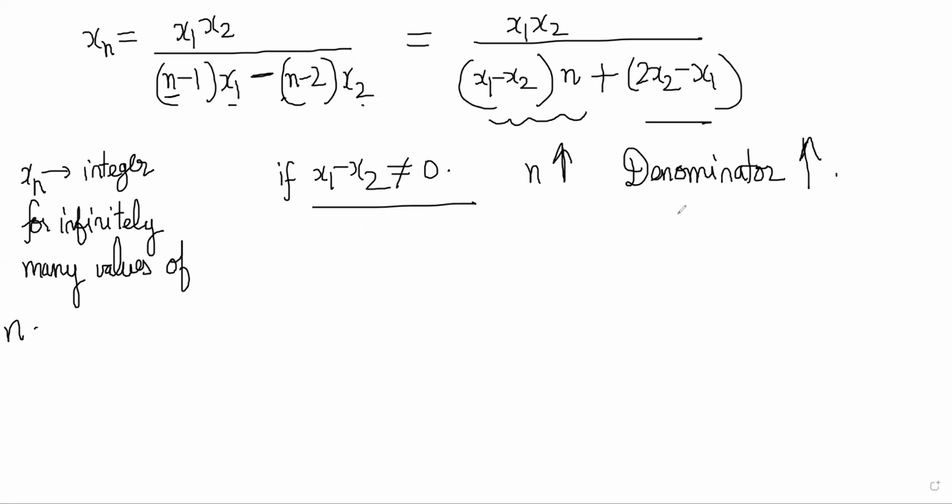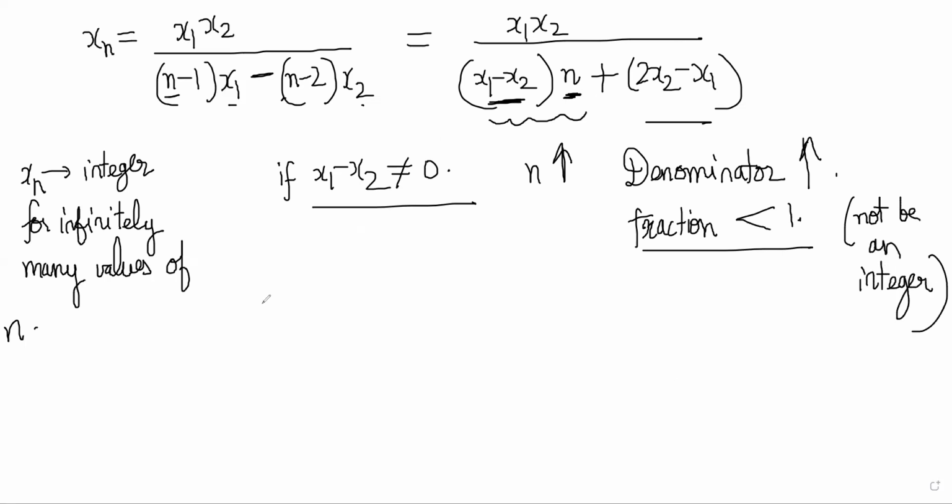And it is likely that eventually the fraction will become less than 1, right? So think about it. If this is non-zero, then when you increase n, what will happen? This denominator becomes very large and the overall expression for xn will become less than 1, right? So it will not be an integer.